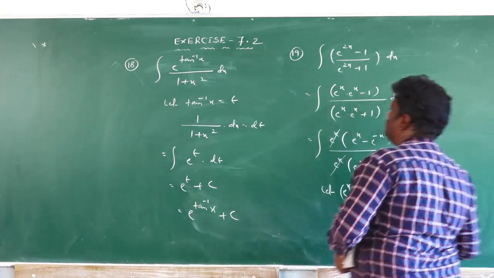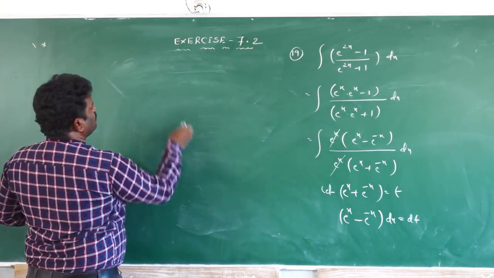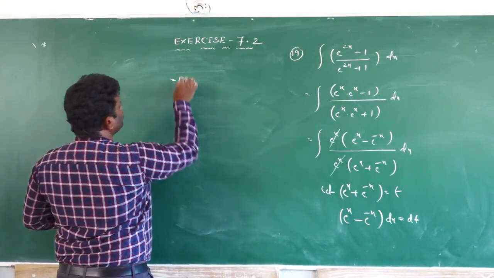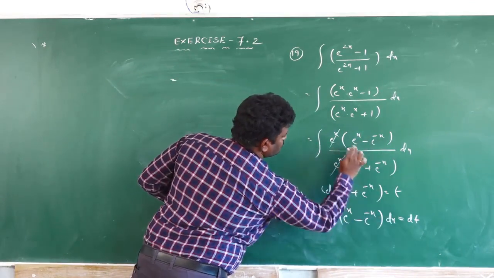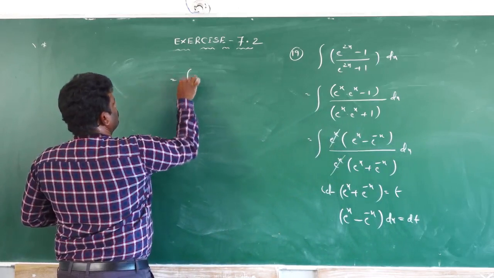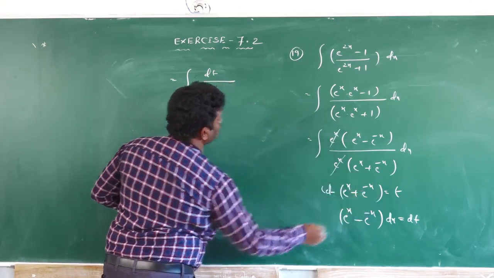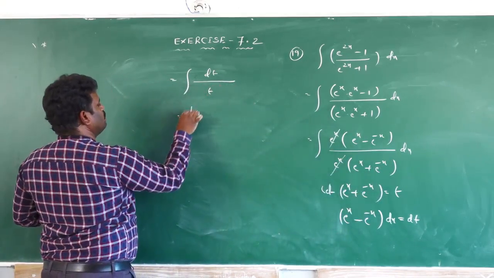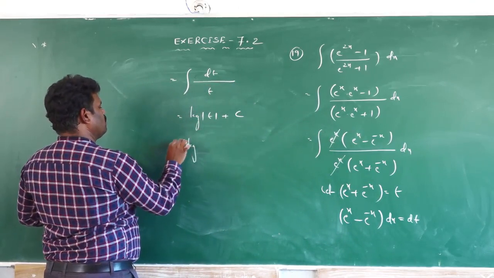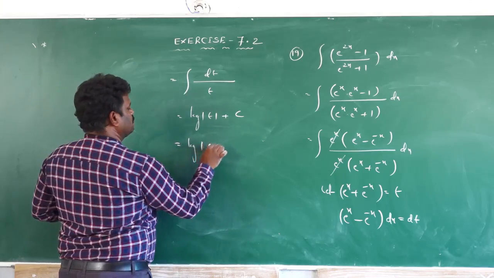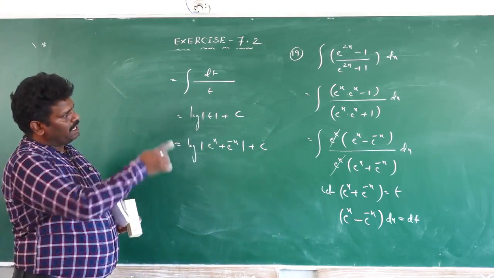The integral of (e power x minus e power minus x) dx in the numerator is dt, divided by the denominator, e power x plus e power minus x, which is t. Then that is equal to log t plus c, that is log of e power x plus e power minus x plus c. So that is the integral value of this one.